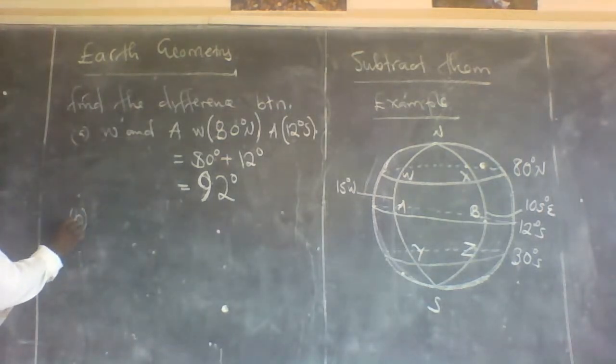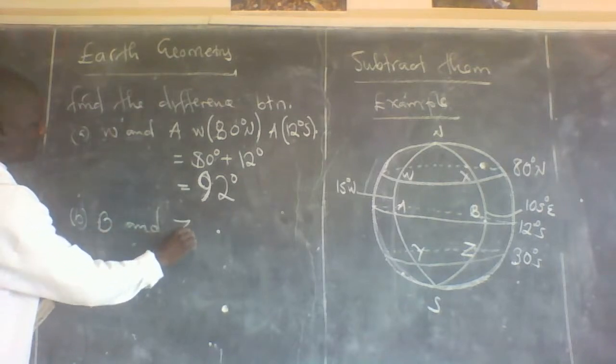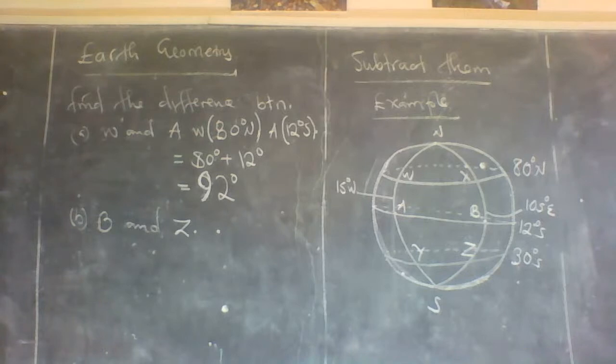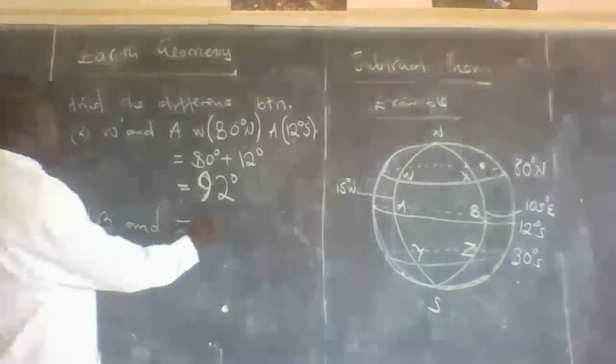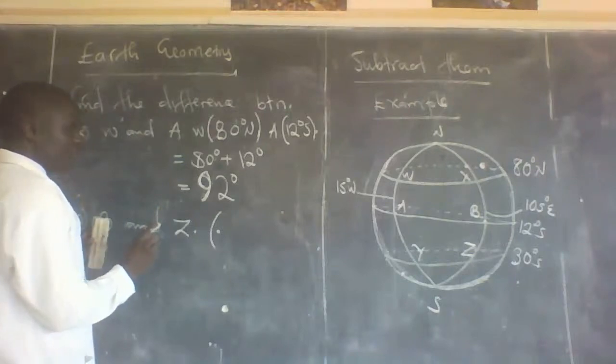Then we have B and Z. Let's remind ourselves, where is B? Let's forget about longitudes for now.